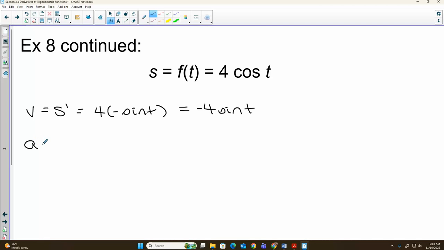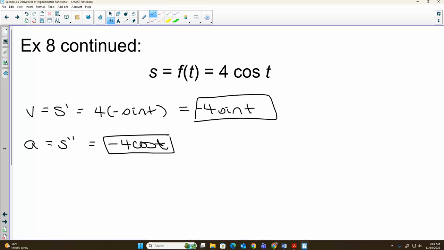How do we find acceleration? So we do the derivative of this. We have negative 4. What's the derivative of sine? So the acceleration is negative 4 cosine t.